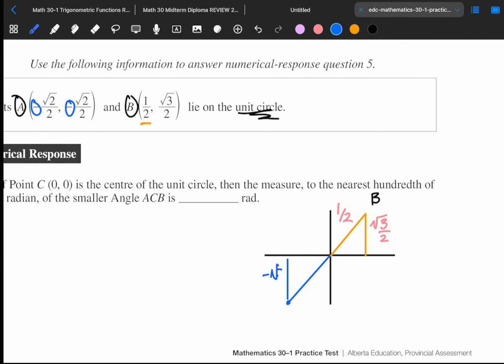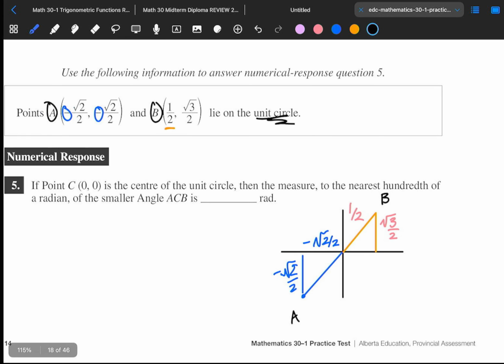So we'll have negative square root 2 over 2, negative square root 2 over 2, and this will be point A. Now point C, they say, lies at 0, 0 on the unit circle. So this point here. And we're looking for the angle ACB. Effectively, we're looking for this angle right here.